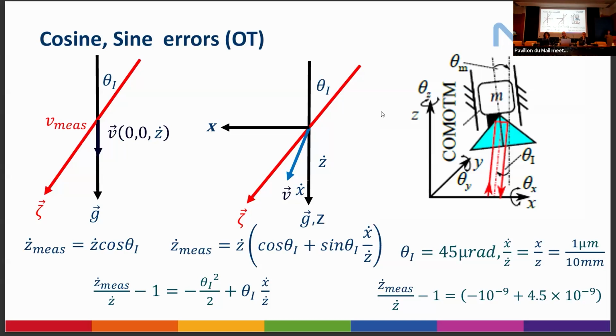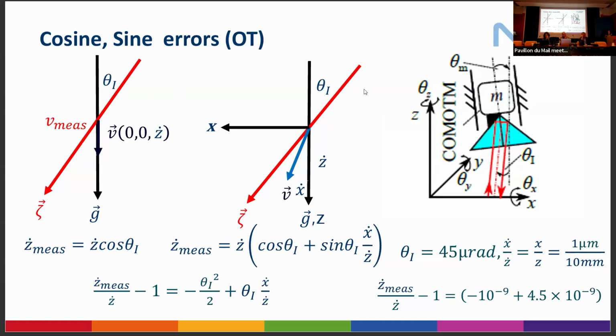And most of us, to measure velocity, use laser interferometry. The first error that you have is a cosine error. This does not depend on the motion of your retroreflector, your optical target here. It depends on the misalignment of your laser beam.